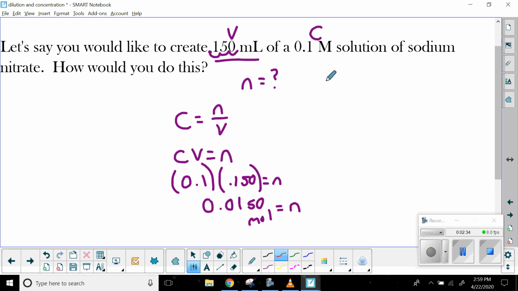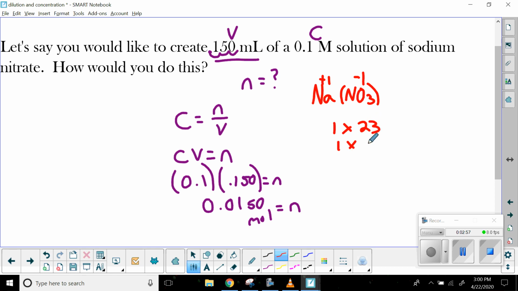sodium nitrate. Sodium nitrate has a formula of NaNO3, making sure I'm looking at my oxidation states and that they cancel each other out. So I've got 1 sodium that has a molar mass of 23.